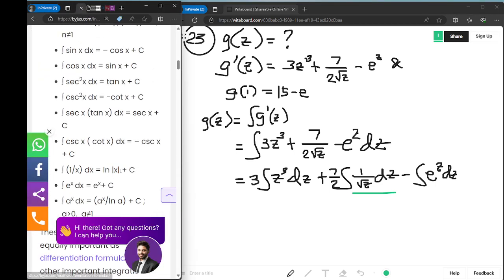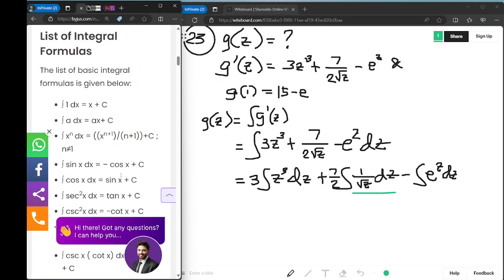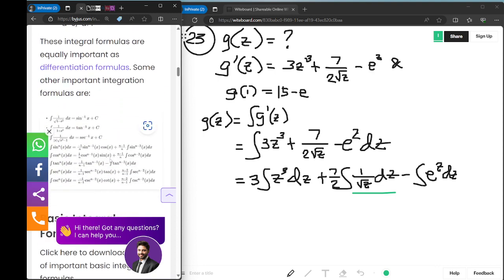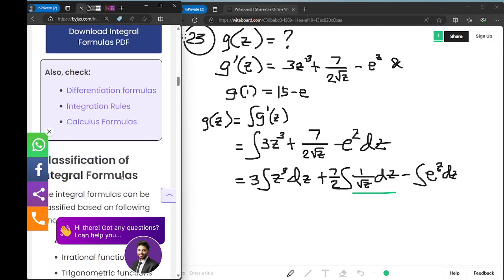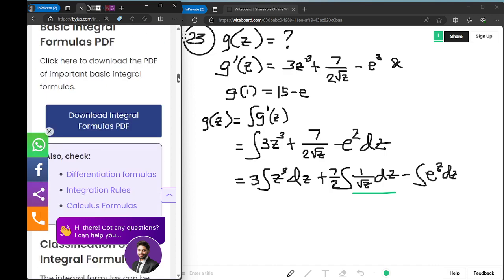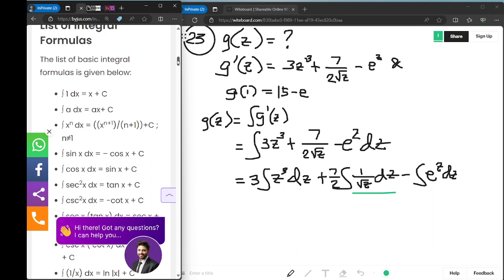So let's check if there are some properties that can be used directly. Is there a square root rule? No. So the only property or formula that we can use is this one.